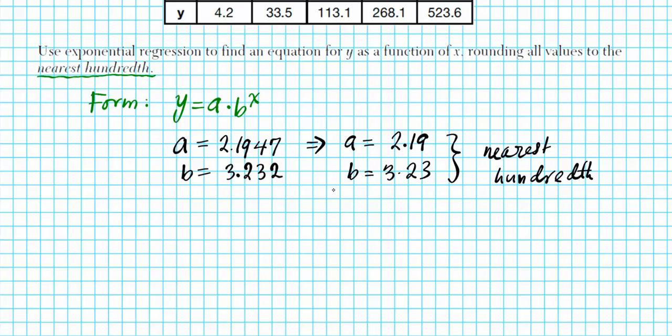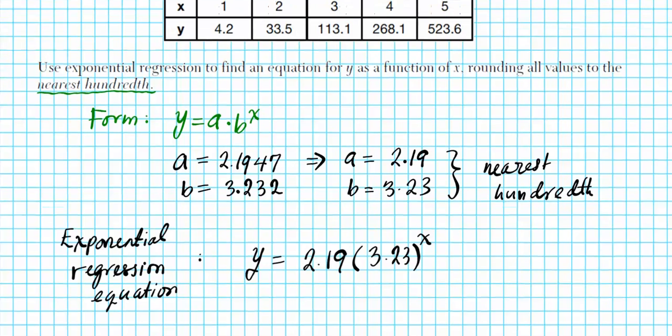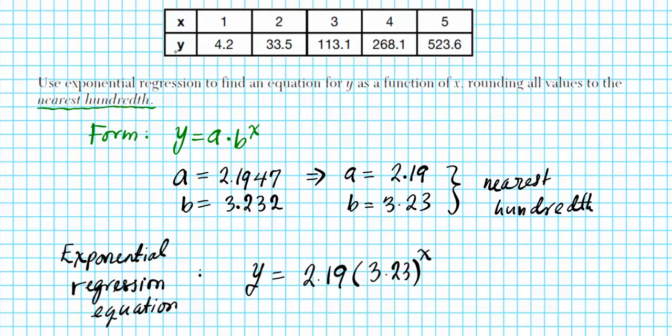So our exponential regression equation is given by y equals 2.19 times 3.23 raised to the x power. If you look at this function, our independent variable is x and our dependent variable is y, so we just stick with the notation that we were provided with in the question.